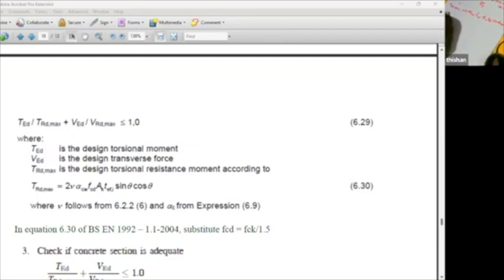And we know sin theta cos theta is equal to 1 over tan theta plus cot theta.